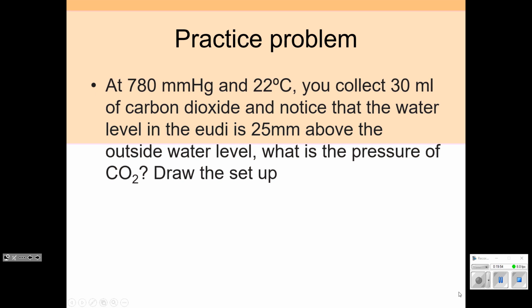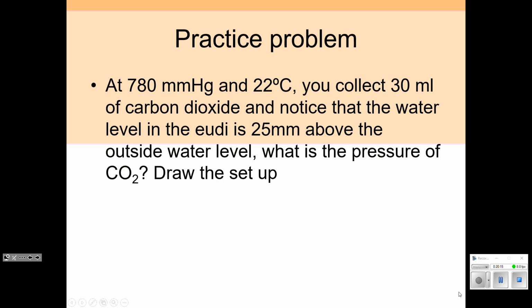A typical problem would give you the room pressure right away, so at 780 millimeters of mercury. It needs to give you the temperature, because the temperature with this sheet will allow you to solve for P of H2O, the water vapor pressure.